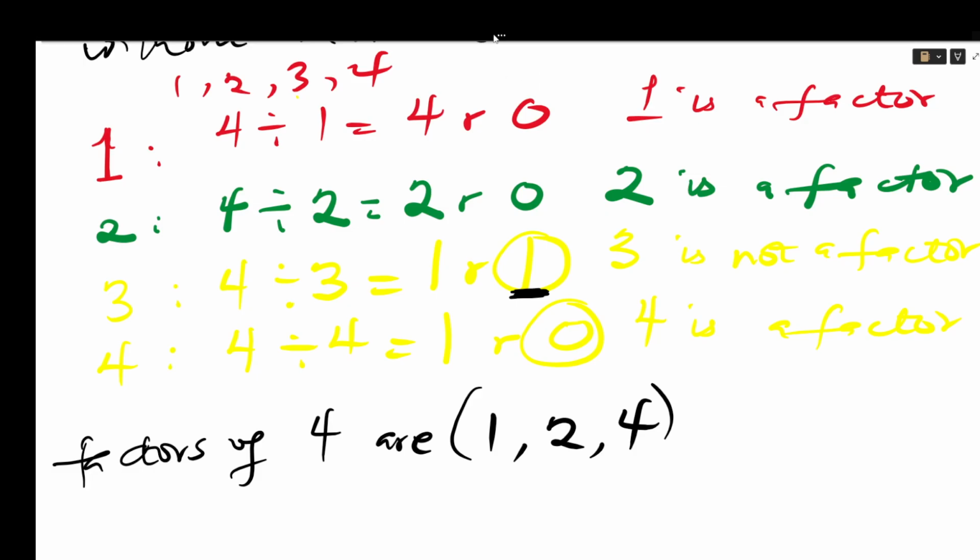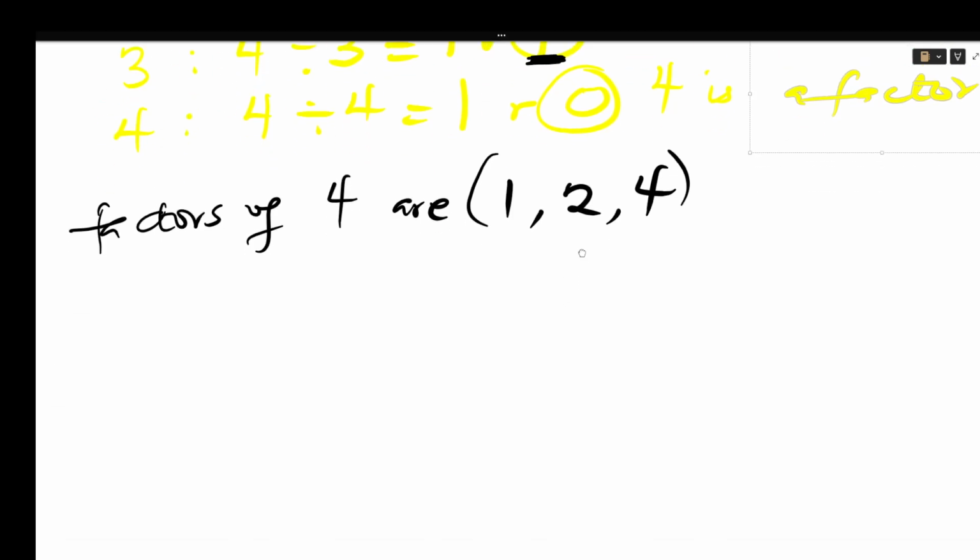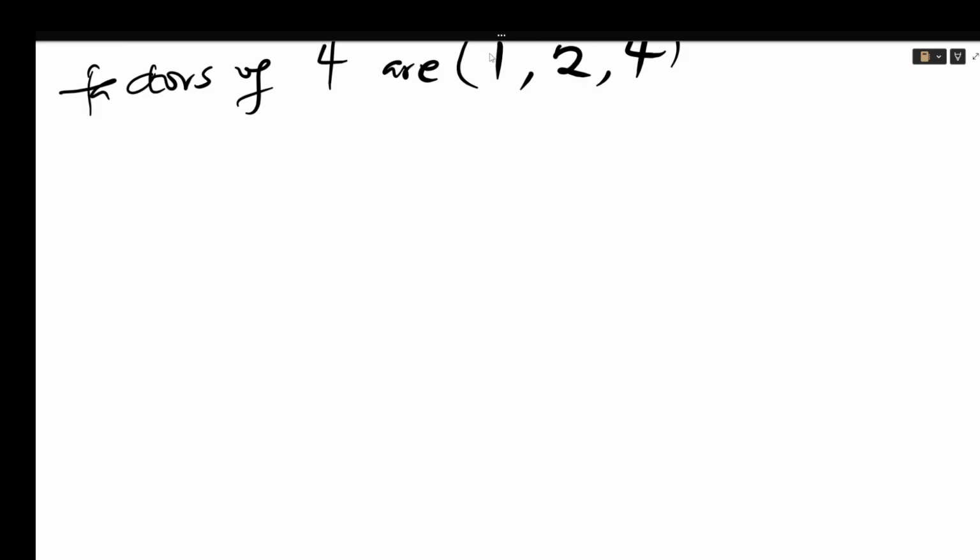Let's try another example. Let's say 6. Let's try to find the factors of 6.